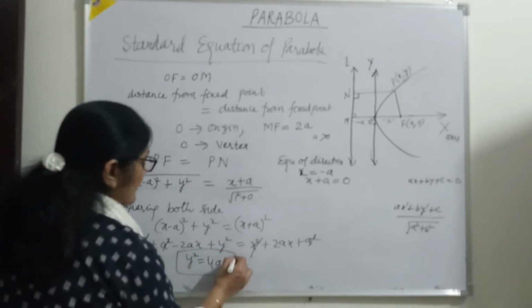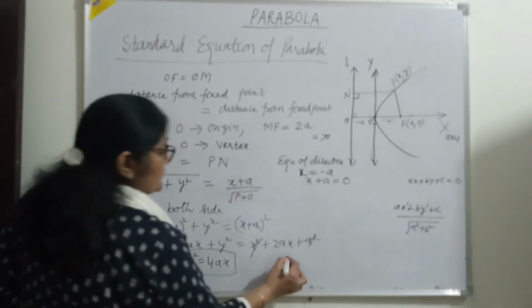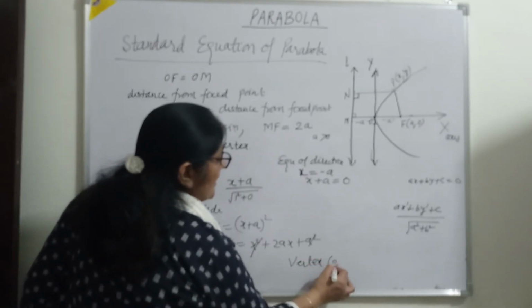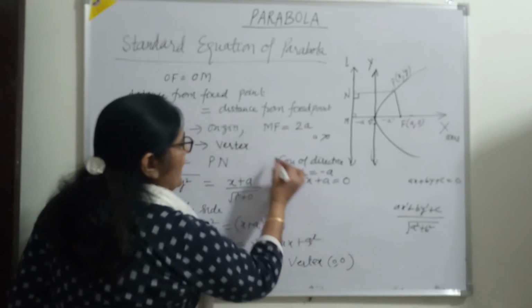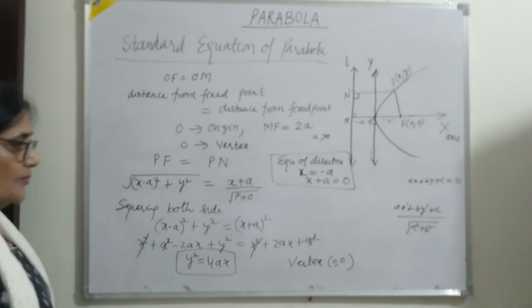This is the standard equation of a parabola whose vertex is at the origin, and the equation of the directrix is x + a = 0.